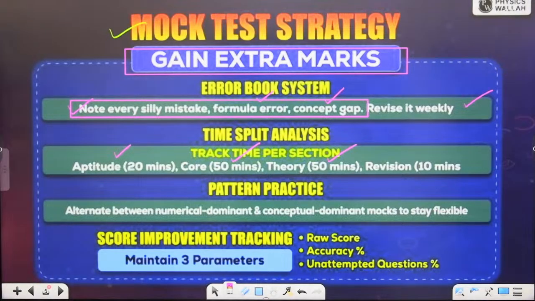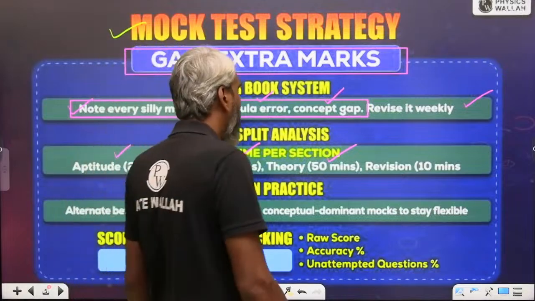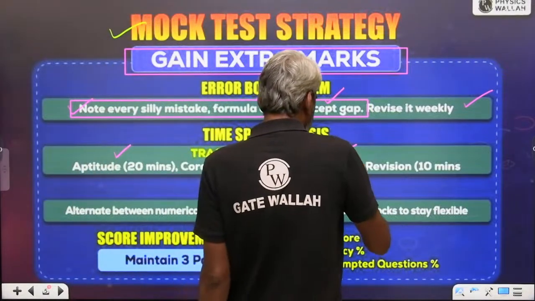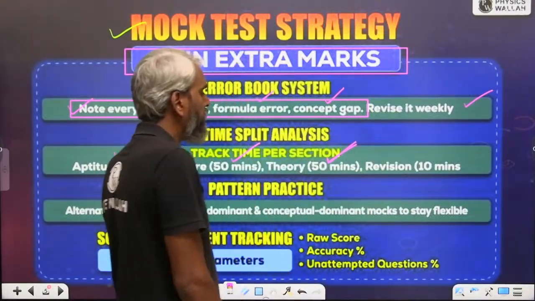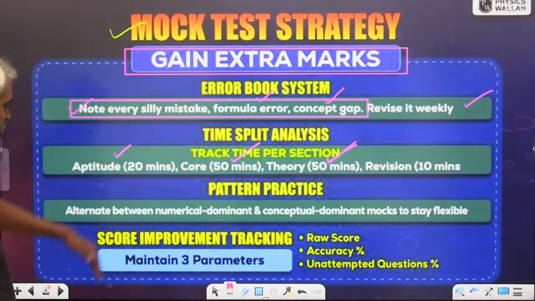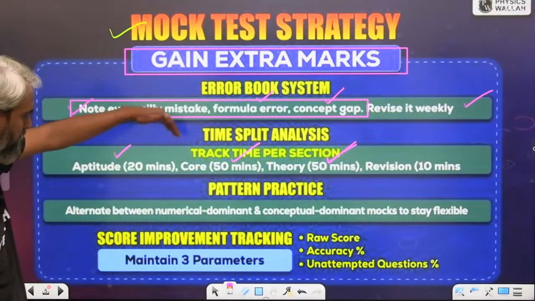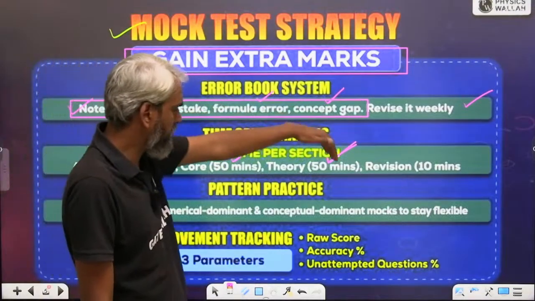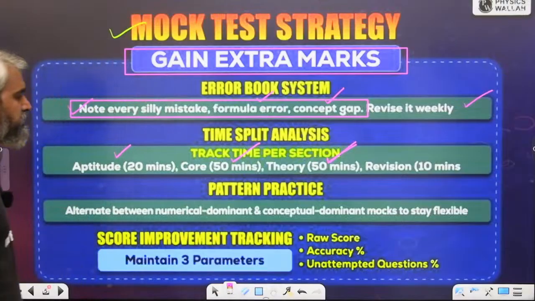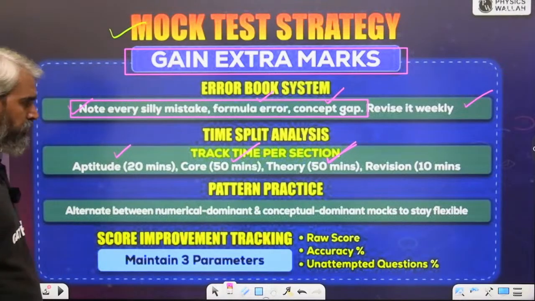So MSQ questions are not formula based questions. MSQ questions are generally theory based questions. So you need to categorize the questions in terms of aptitude, then core subject, then theory based questions.